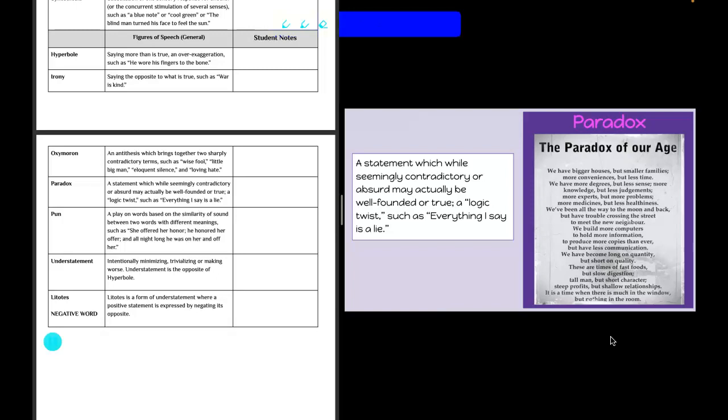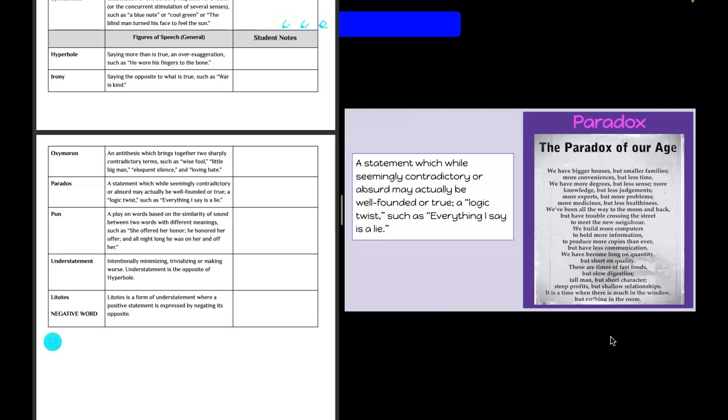We have more degrees, but less sense, more knowledge, but less judgment, more experts, but more problems, more medicines, but less healthiness. We've been all the way to the moon and back, but have trouble crossing the street to meet the new neighbor. We build more computers to hold more information, to produce more copies than ever, but have less communication. We have become long on quantity, but short on quality.